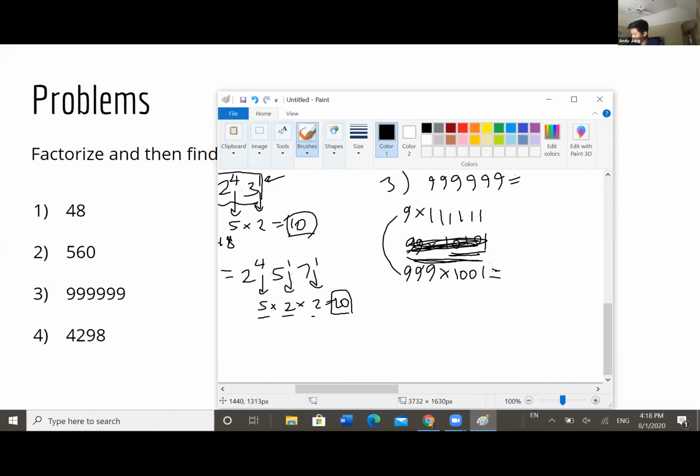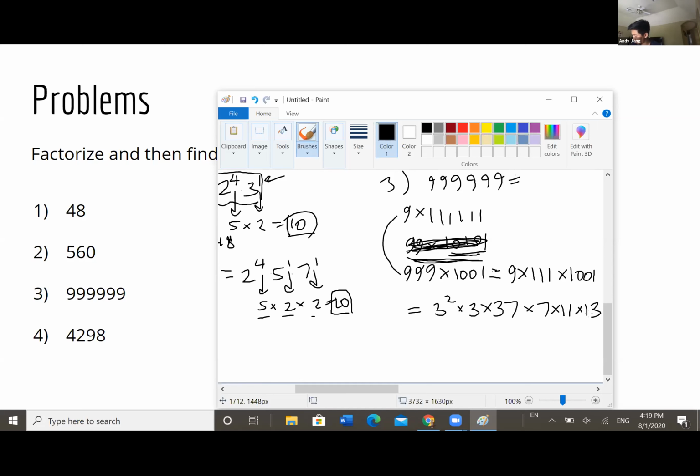999 times 1001, we can write that as 9 times 111 times 1001. And 9 is 3 squared. I mentioned before that they like to use the number 111. 111 can be written as 3 times 37. And 1001 is, as I mentioned before, 7 times 11 times 13.